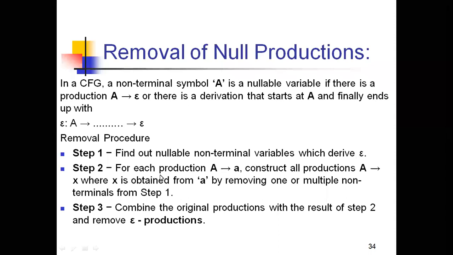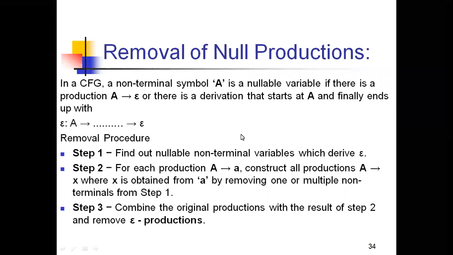And step number two is, for each production A tends to small a, you need to construct all the productions A tends to x, where x is obtained from A just by removing one or multiple nullable non-terminals from step one. What it means is, if the production with A consists of more than two rules, one rule with a terminal and another rule with an epsilon, then you need to remove the variable A, right?